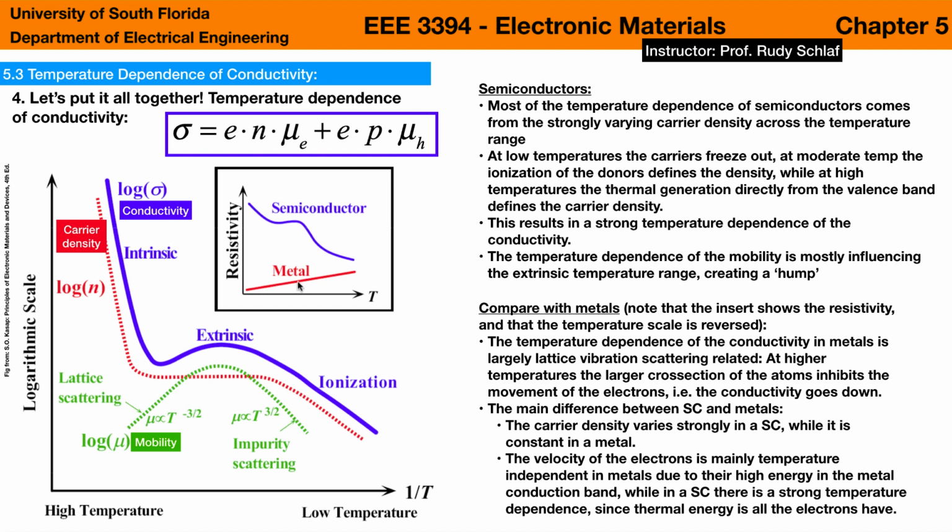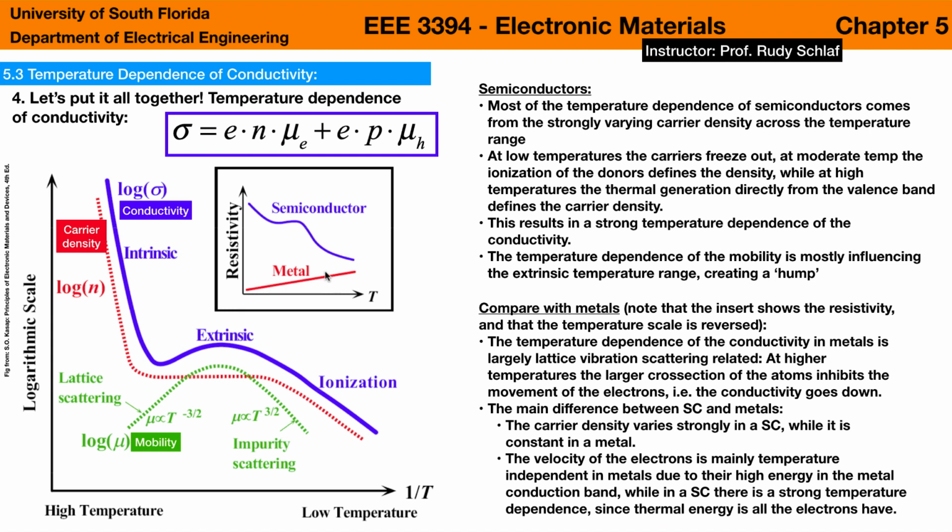They are in the conduction band, while in semiconductors the number of electrons in the conduction band strongly depends on the temperature, because at low temperatures we first ionize all the donors, and then at high temperatures we get even more carriers, because we start to excite electrons from the valence band into the conduction band. And so as the temperature increases, we get more and more electrons into the conduction band, and that of course strongly increases the conductivity, so the resistivity goes down.